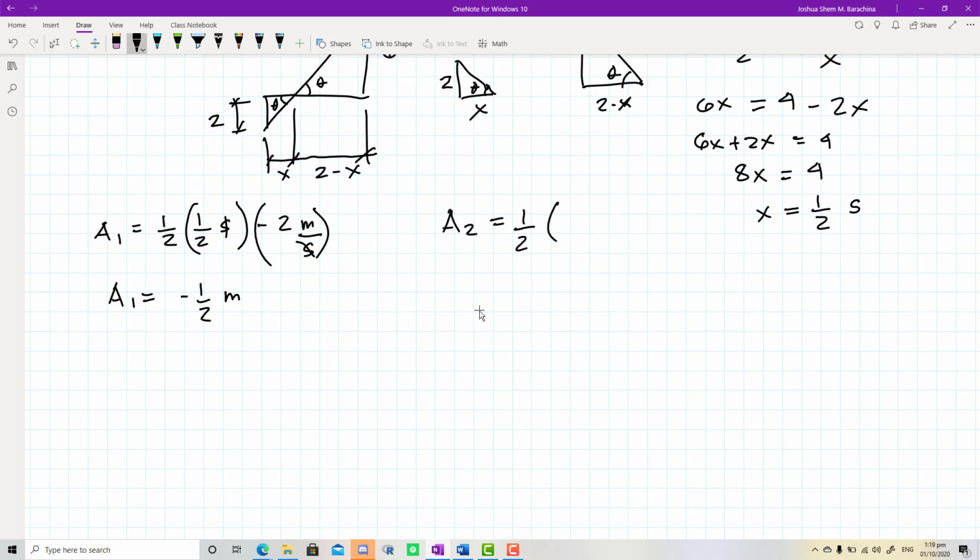The base here is 2 minus x. 2 minus x, which is 1/2, is equal to 1.5. 1 and 1/2 in mixed fraction or in proper fraction, ano to? 3/2 of a second. So the base is 3/2 of a second.